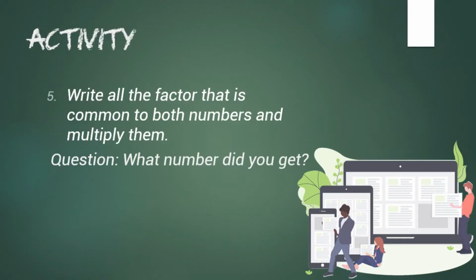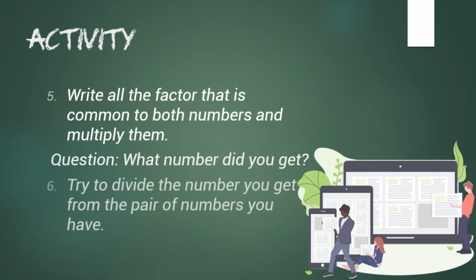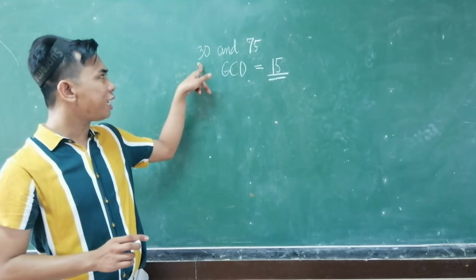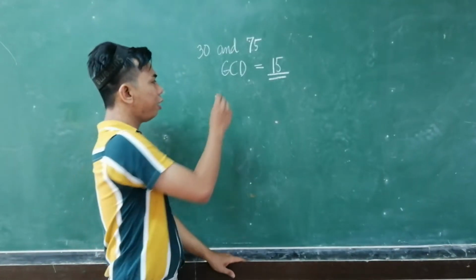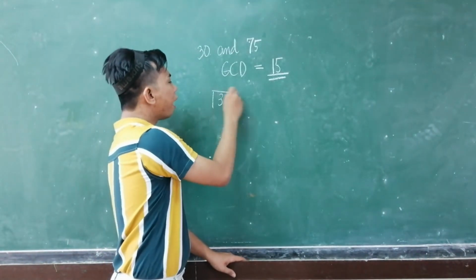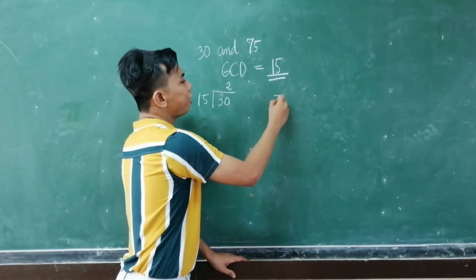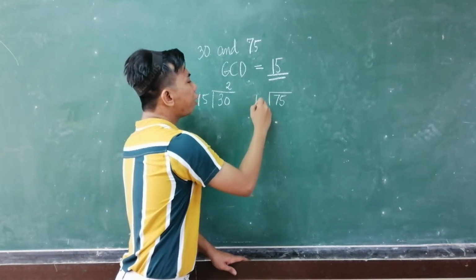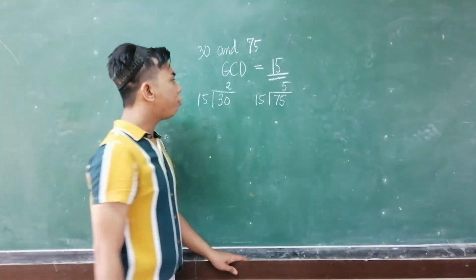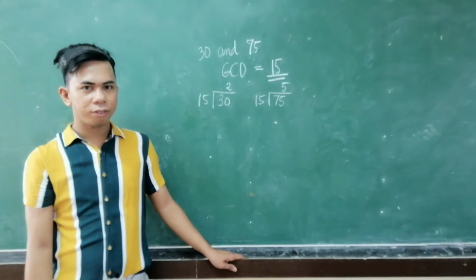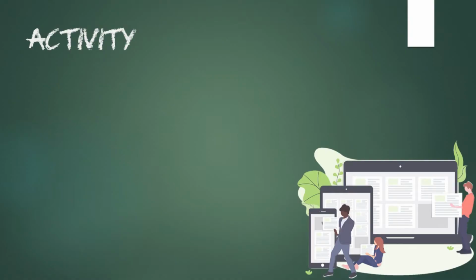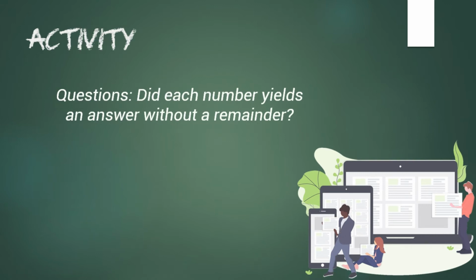And then in step number 6, you need to divide the pair of numbers you had by the number you got. In my case, we need to divide 30 and 75 by 15. So 30 divided by 15 is 2, and 75 divided by 15 is 5. So again, question: did each number yield a remainder?